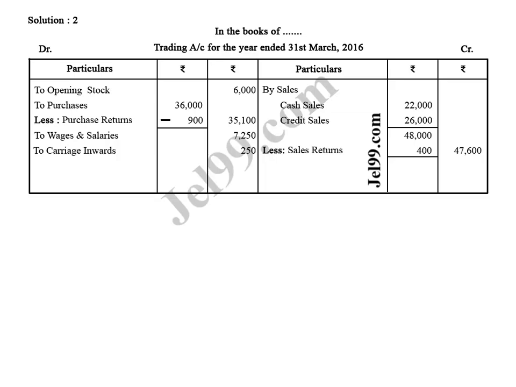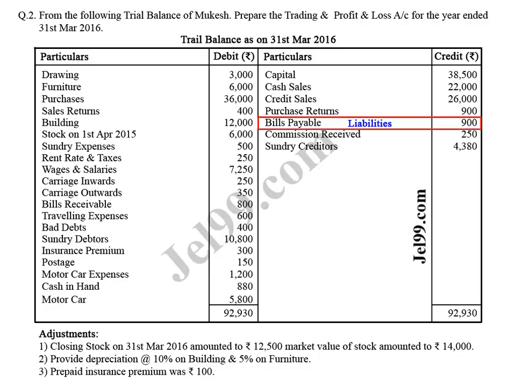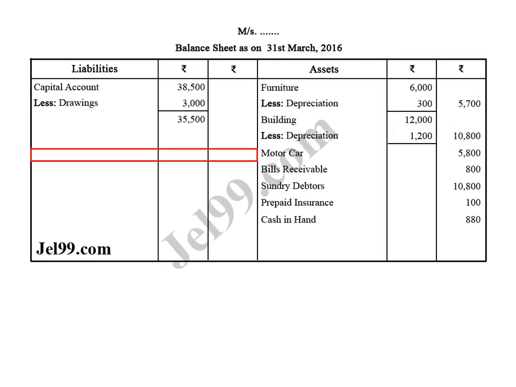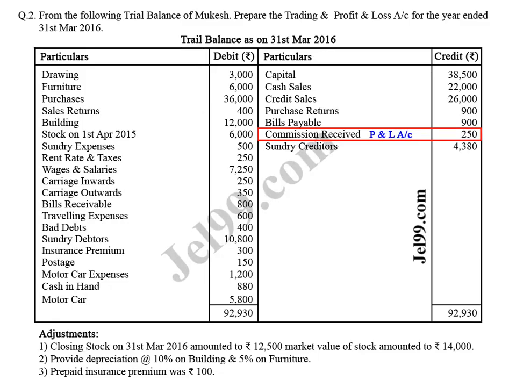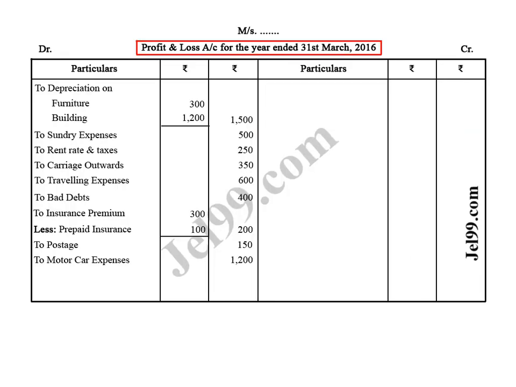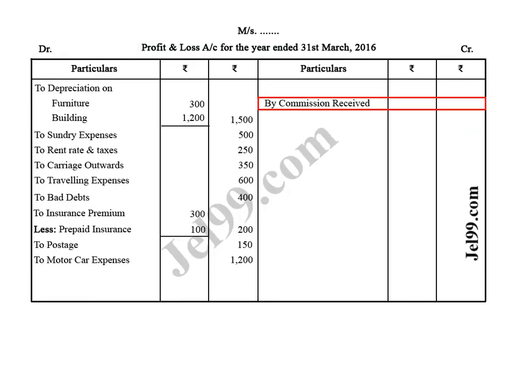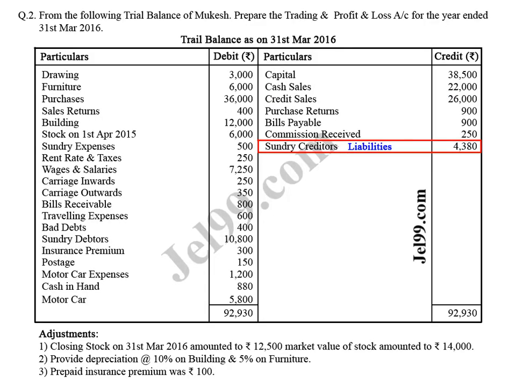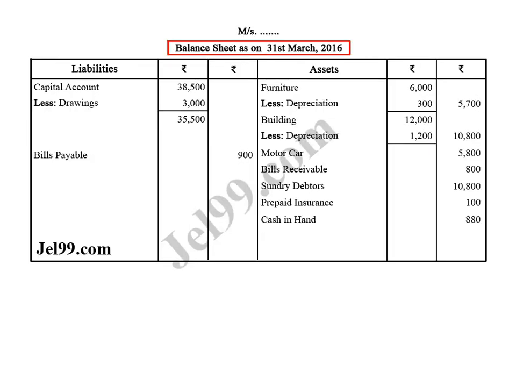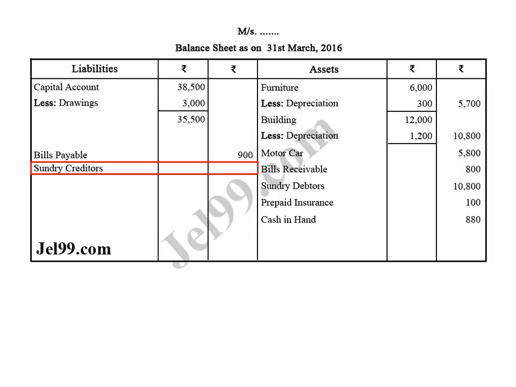Then bills payable of rupees 900, this is shown in balance sheet, liabilities side, bills payable of rupees 900, then commission received of rupees 250, this is shown in profit and loss account, credit side, by commission received of rupees 250, then sundry creditors of rupees 4,380, this is shown in balance sheet, liabilities side, sundry creditors of rupees 4,380.